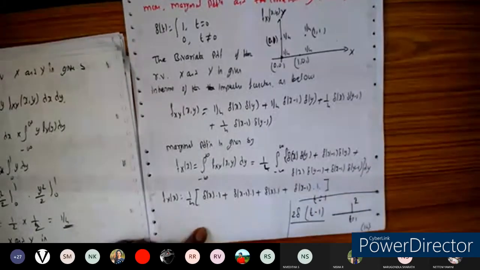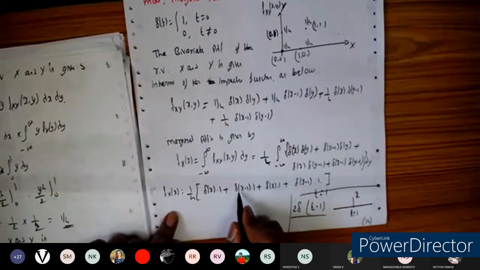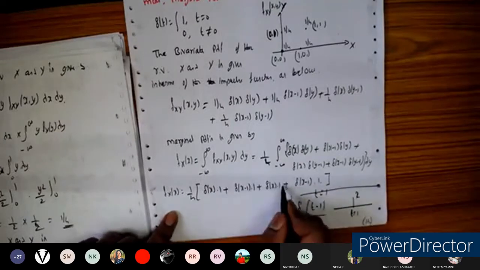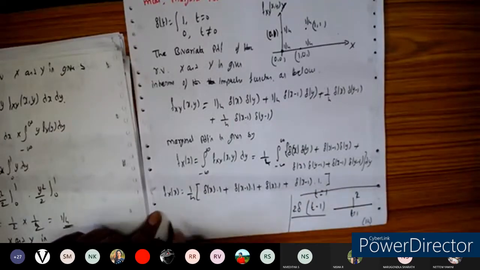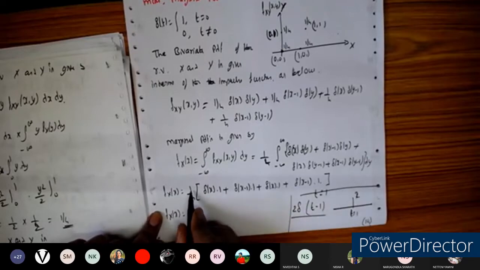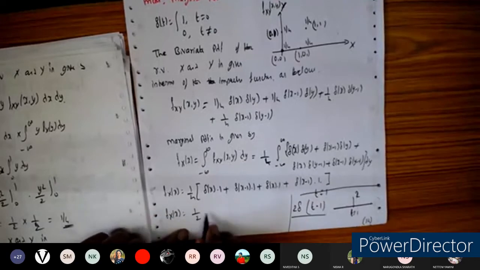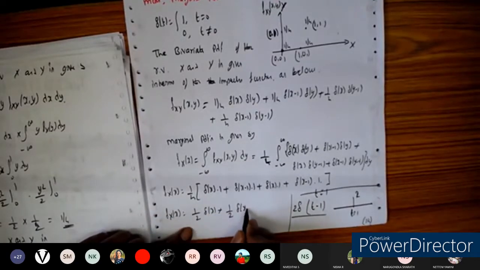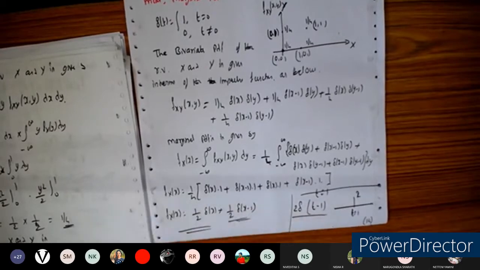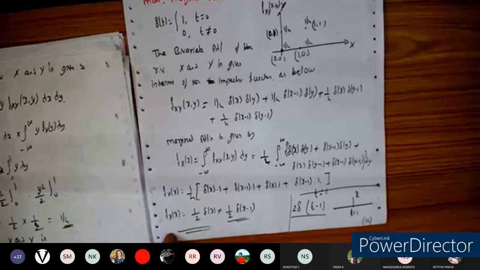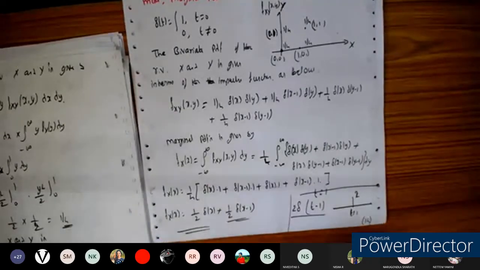So delta of x minus 1 is there 2 times and delta of x is there 2 times, so it will become 2. We can add these quantities, so 1 by 4 into 2 becomes 1 by 2. So I split it: 1 by 2 into delta of x plus 1 by 2 into delta of x minus 1. This is how we obtain the marginal PDFs from the bivariate PDF.